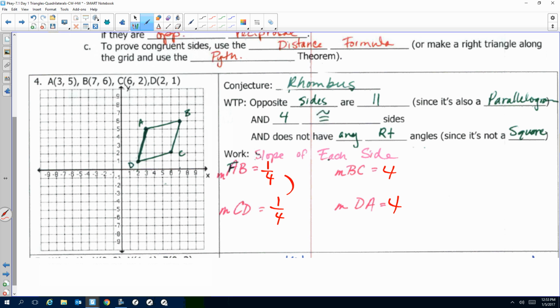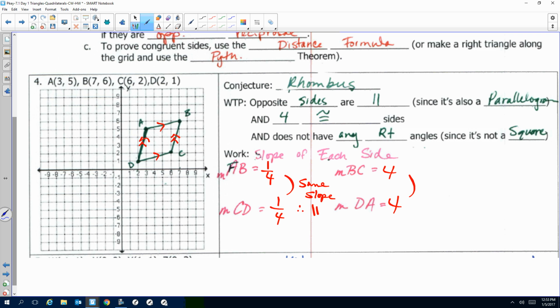All right, so just looking at the slopes, if I look at opposite sides, these two slopes, are they parallel? Yes. Okay, so since we have same slope, therefore parallel. So I'm going to go ahead and add my arrows. They are showing opposite sides are parallel. Now I need to look at the length of each side.